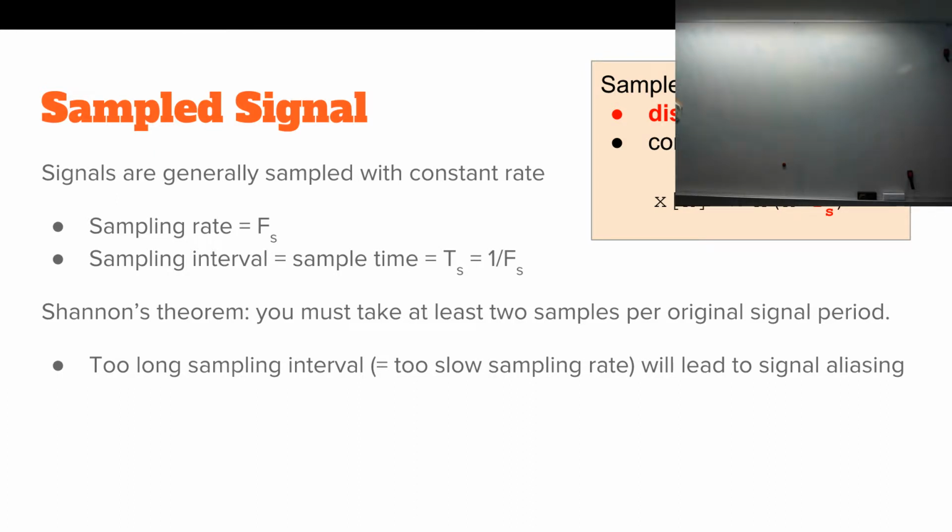But anyways, what it is all about is basically any continuous time signal. So this is our f of x or f of t. Let's make it continuous time. And then we have a sampling rate.